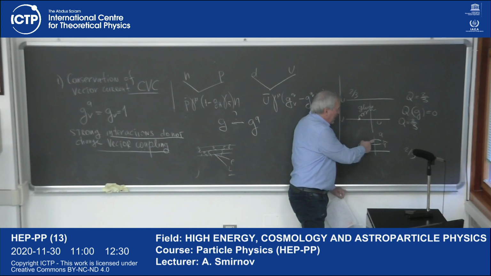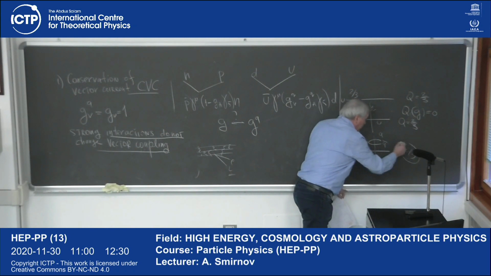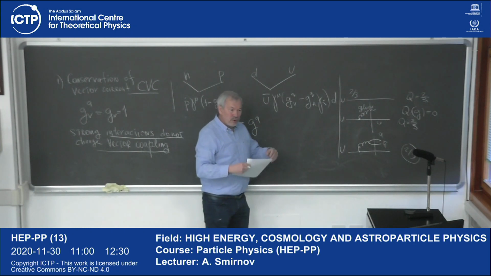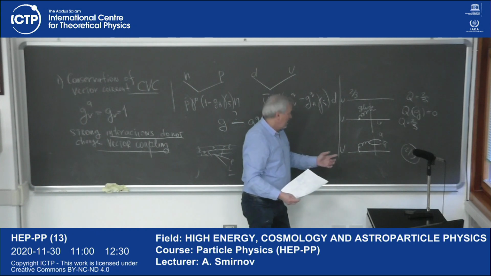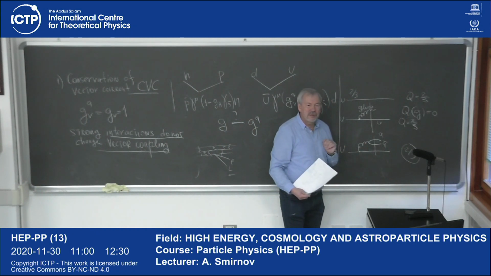Because here you have quark-antiquark, and therefore the total charge of the whole system will be equal to the charge of the original U quark. And so again you will have 2/3. Bottom line is the following. Although you switch on some new interactions, because of conservation of electric charge in each of these interactions, the total charge of the system doesn't change.